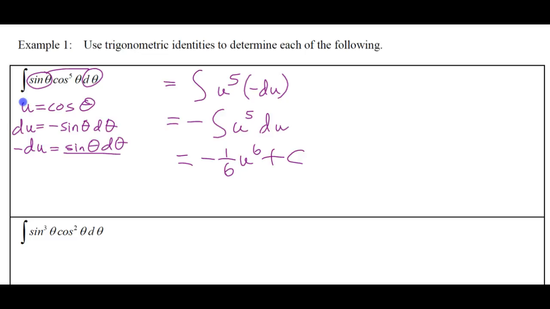And then to finish it off, we replace u, so negative 1/6 cos to the sixth theta plus c. Okay, easy peasy, usual U-substitution, right? No problem.